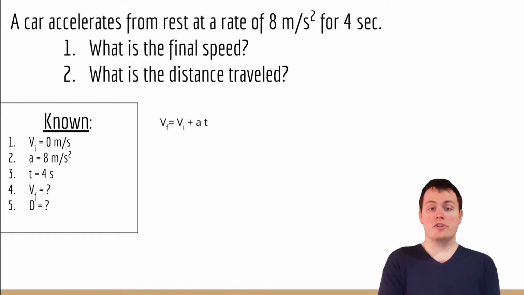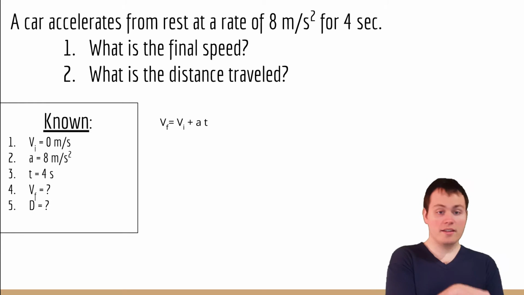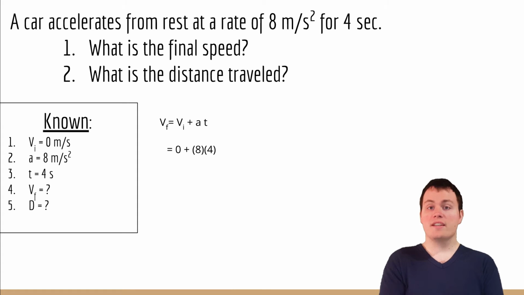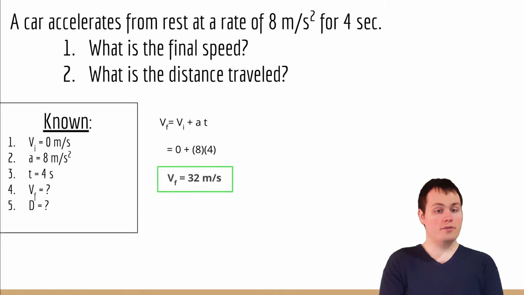So all we have to do is just plug in what we know from the problem into the equation, and in this case we get 0 plus 8 times 4 is equal to 32, and its final velocity is equal to 32 meters per second.